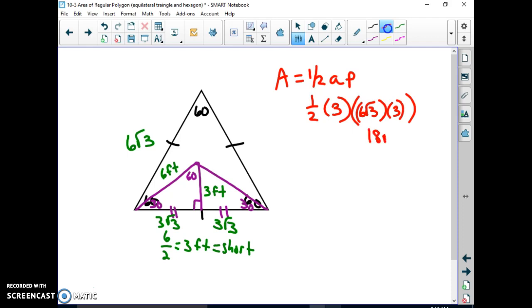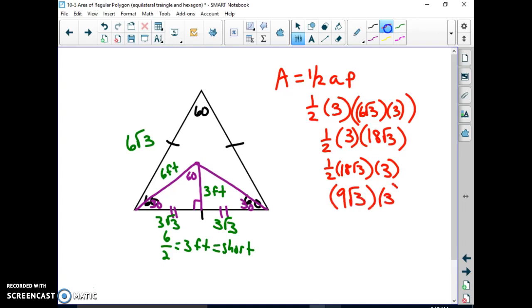So 18 radical 3 for my perimeter, times 3 times 1/2. This time it's easier to take half of 18. So half of 18 is 9 radical 3 times 3 is 27 radical 3 feet squared is my area.